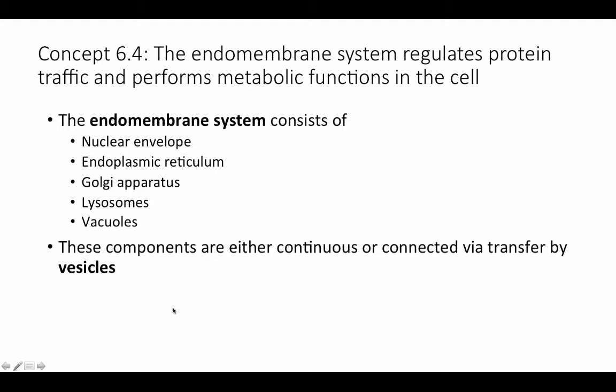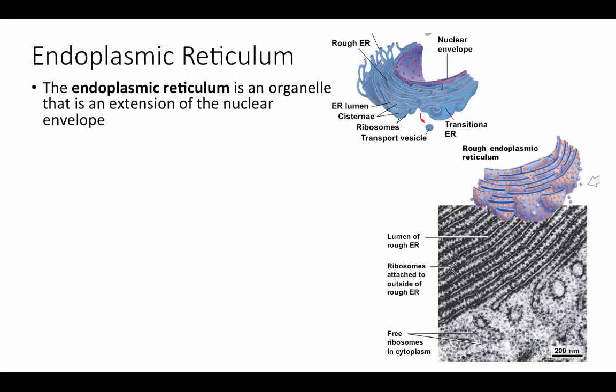And these components are all either continuous with or connected via transfer by vesicles. So vesicles can bud off of one membrane and then join with another membrane later. And so all of these membrane systems are connected to each other, either physically or by this budding off and joining up. So now let's take a look at the endoplasmic reticulum.